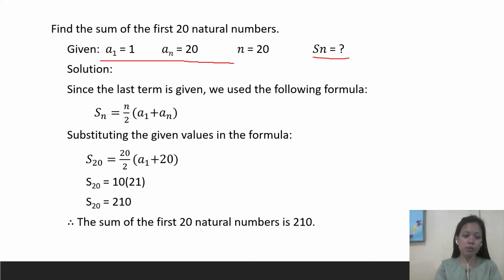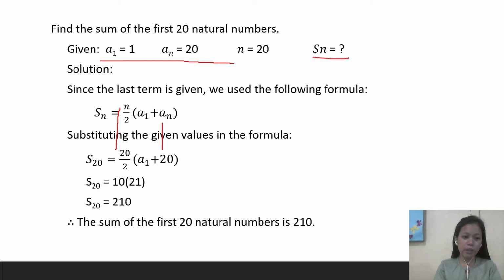For our solution, since the last term is given, we use the following formula: S sub n is equal to n over 2 times a sub 1 plus a sub n. By substituting the given values in the formula, the value of n is equal to 20, and the value of a sub n is equal to 20.